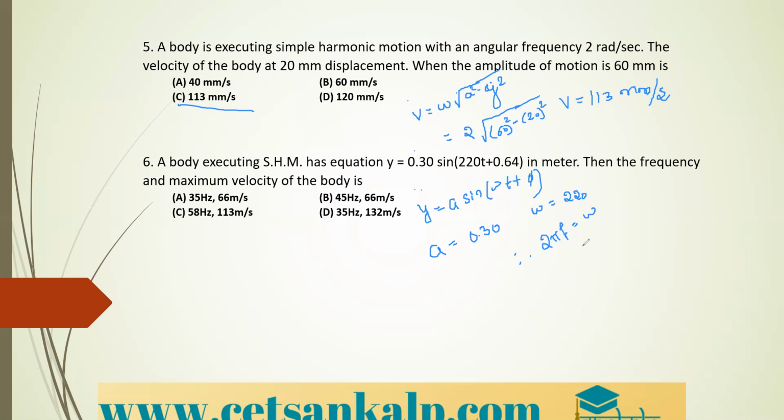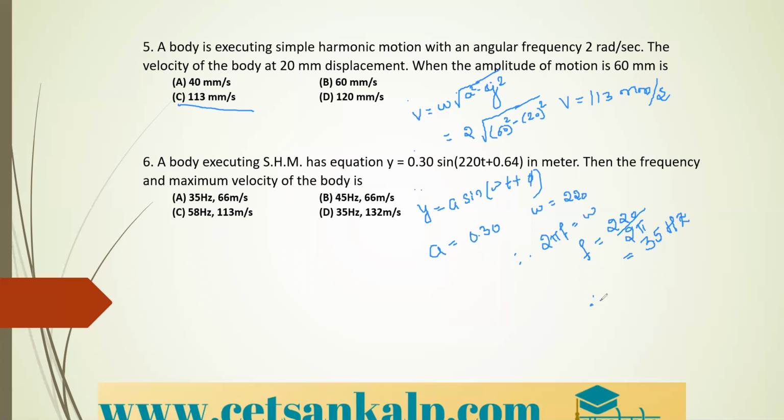Okay. Therefore, frequency f is equal to omega divided by 2 pi. The omega value is there in the question, that is 220 divided by 2 pi. If you simplify, you are going to get the frequency as 35 hertz.